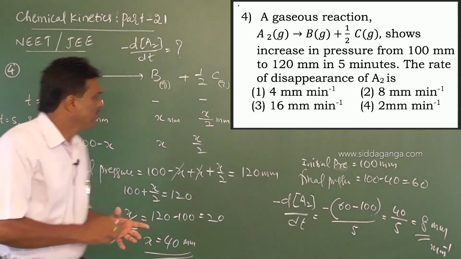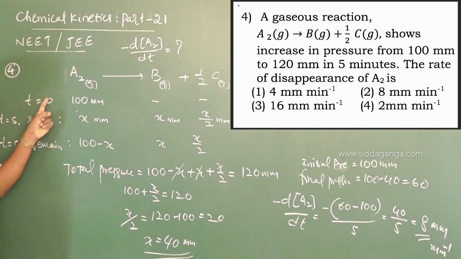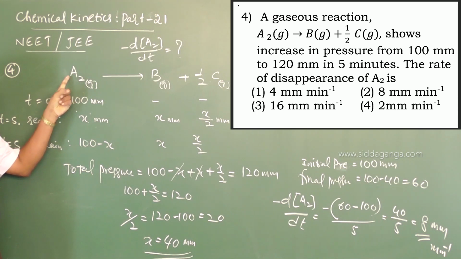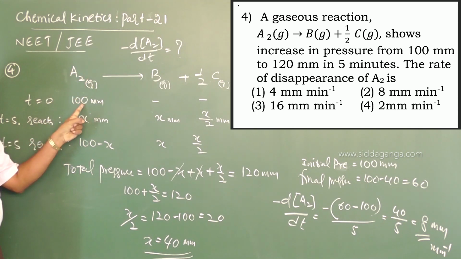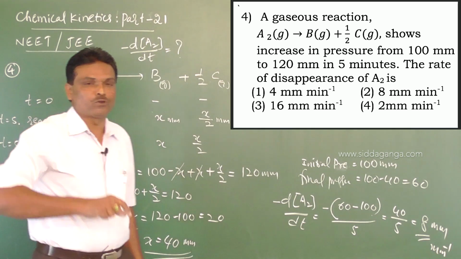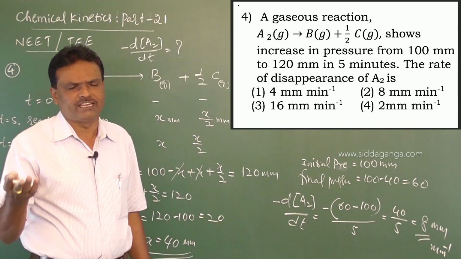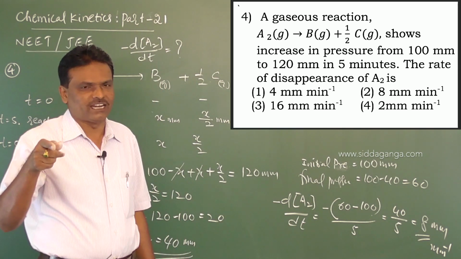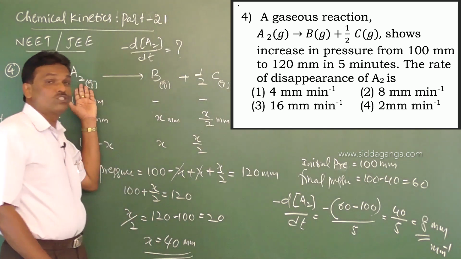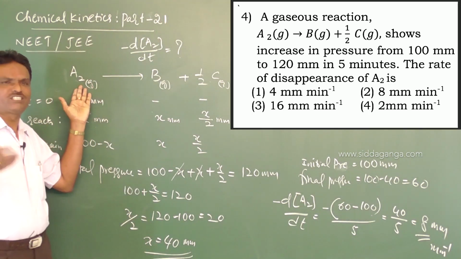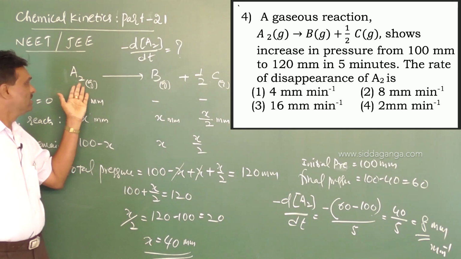Got it here, look. At T0, what is the initial pressure of A2? 100. We know that as time proceeds, the concentration of the reactants decreases, and here it is in the gaseous state, so the pressure of A2 decreases. How much pressure decreased by A2?